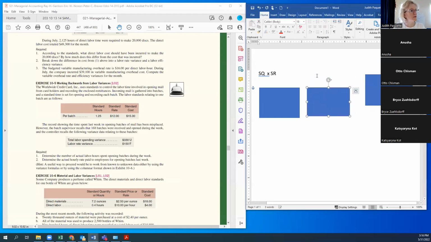And over box 2 should be actual quantity times standard rate. And over box 3 should be actual everything, okay? Actual quantity times actual rate, okay?